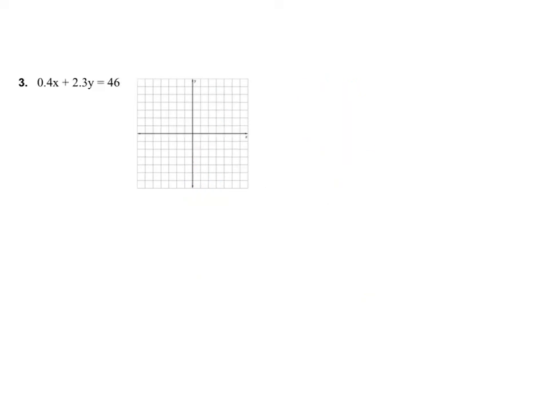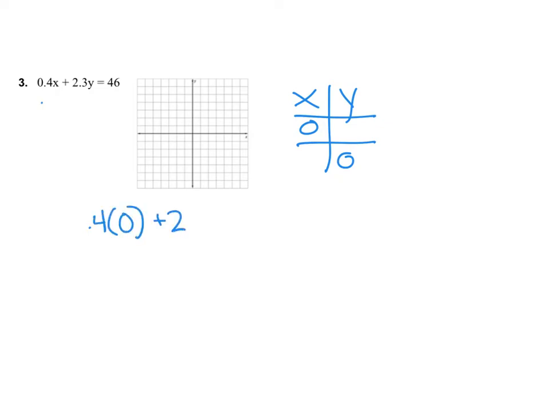All right, so for number 3, we have 4/10 x plus 2.3 y, and that's equal to 46. All right, again, we're looking for the x and the y-intercepts. So I'm going to plug in zeros because that's where they're going to cross those axes. And let's start by taking 0.4 times 0 plus 2.3y is equal to 46. and I have 2.3y is equal to 46.